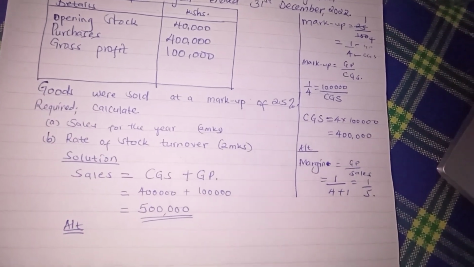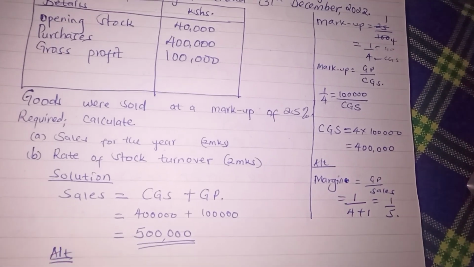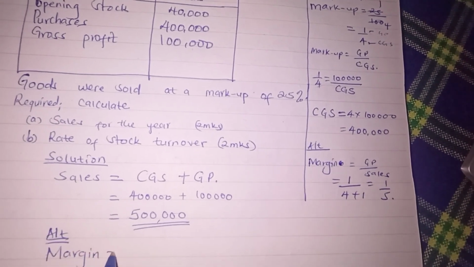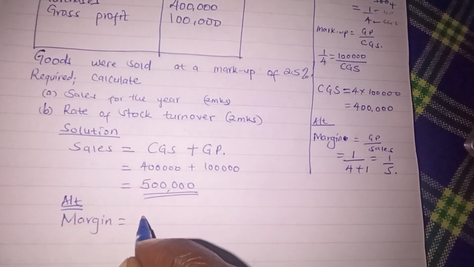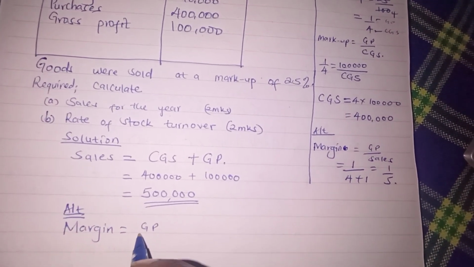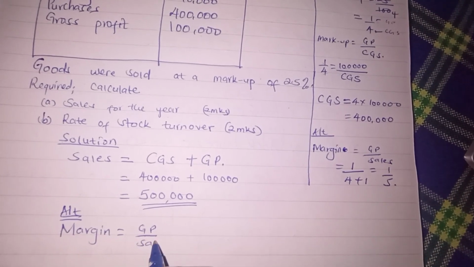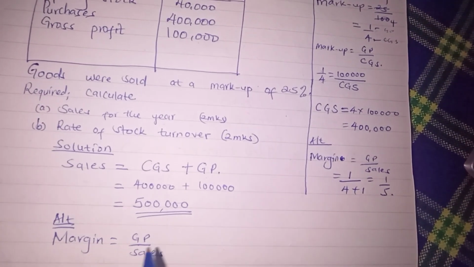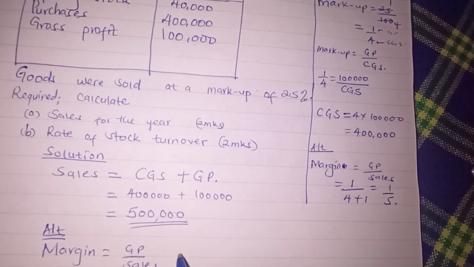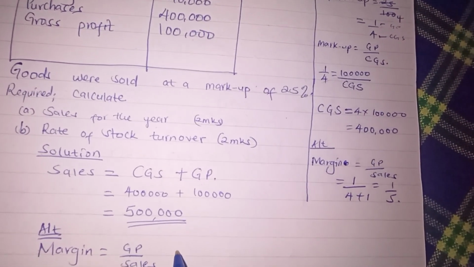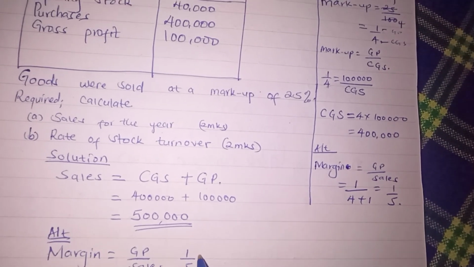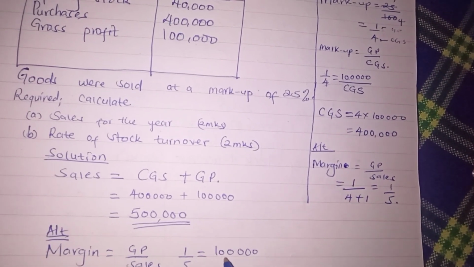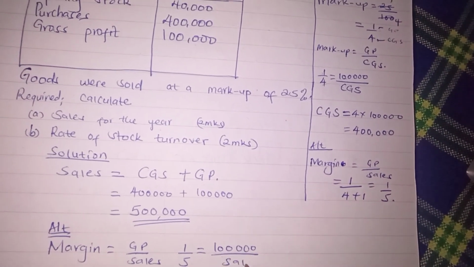So we can use the margin figure here to calculate our sales, because margin is given by gross profit divided by sales. In other words, 1/5 is equal to gross profit, which is 100,000, divided by sales.